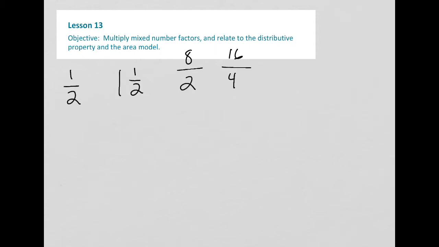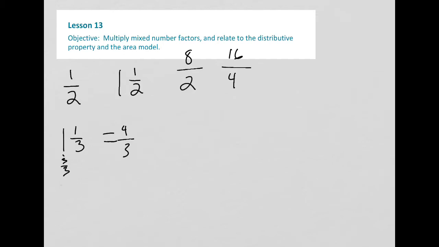And we can go back and forth from a mixed number to a fraction greater than 1. So for example, if I had the mixed number 1 1/3, I can write that as a fraction greater than 1 because I can think of this 1 as 3 over 3. And then I have 3 over 3 plus 1 over 3, and I get 4 over 3.